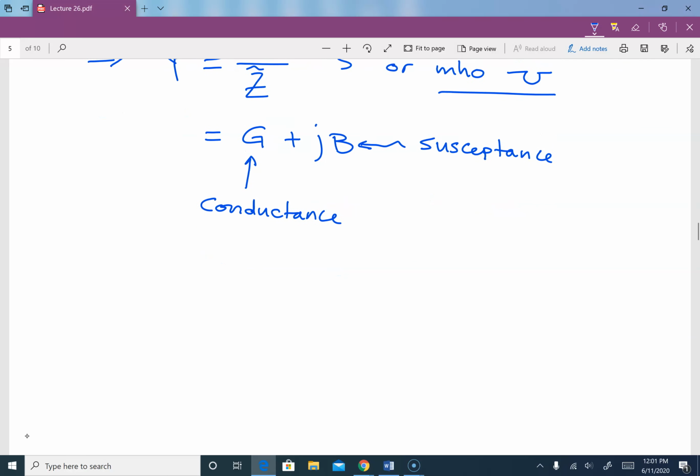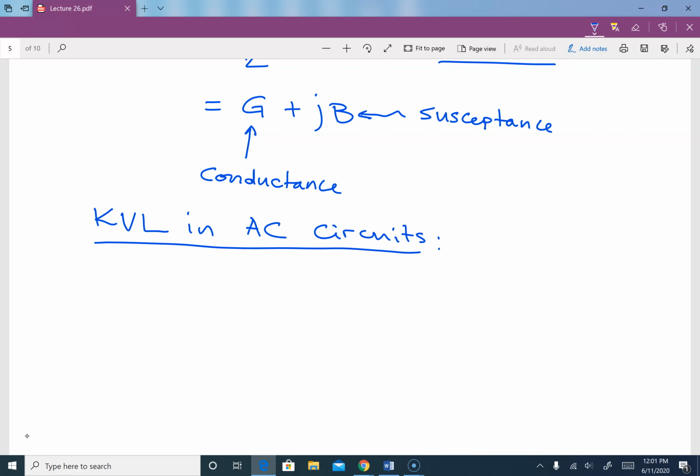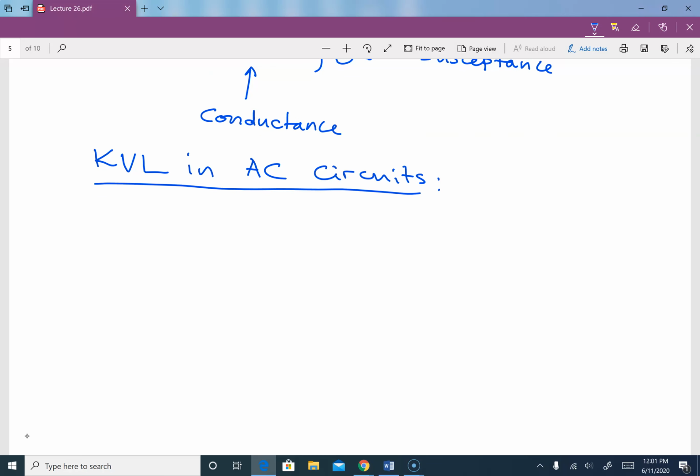Regarding KVL in AC circuits, it is the same as the KVL in DC circuits.